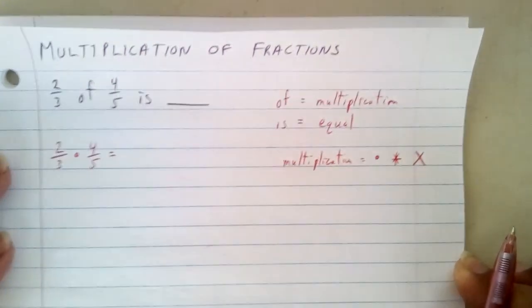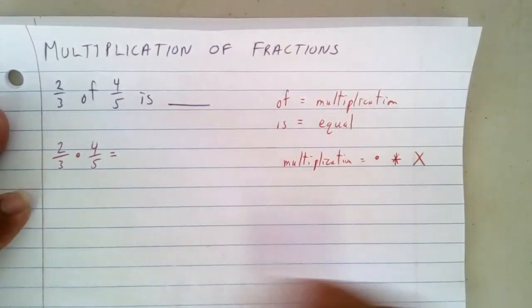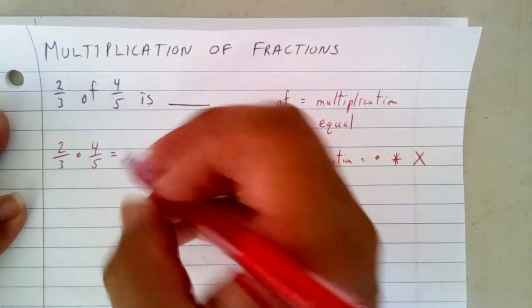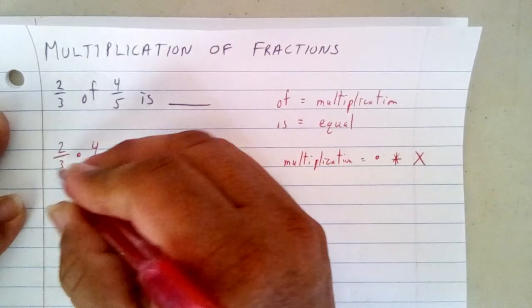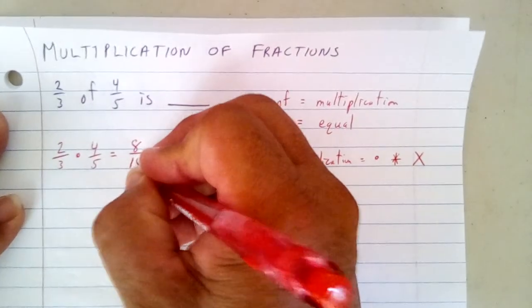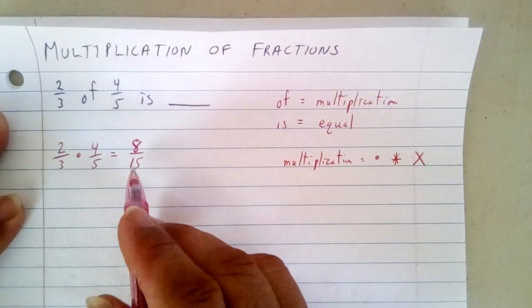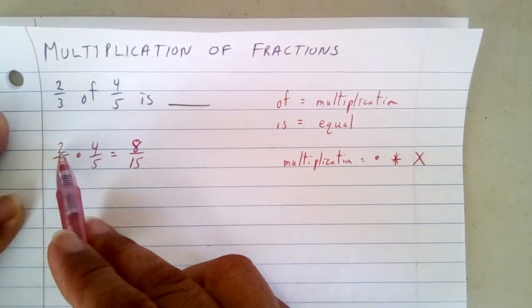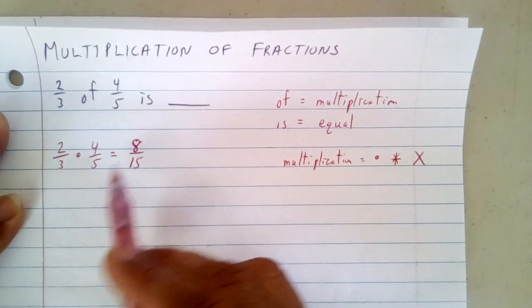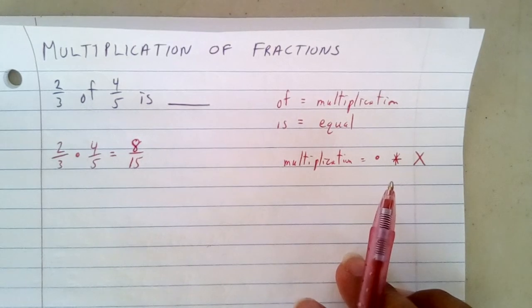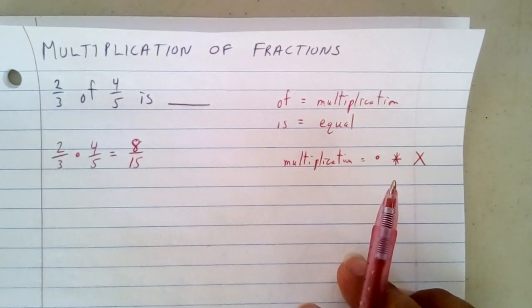Okay, so when we do that, we'll simply say 2 times 4, which is 8, 3 times 5, which is 15. That is then our product given the two fractions.